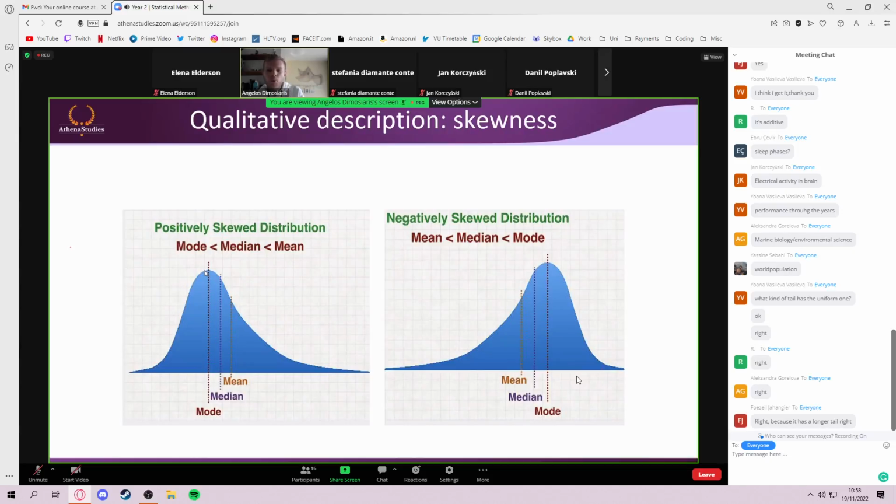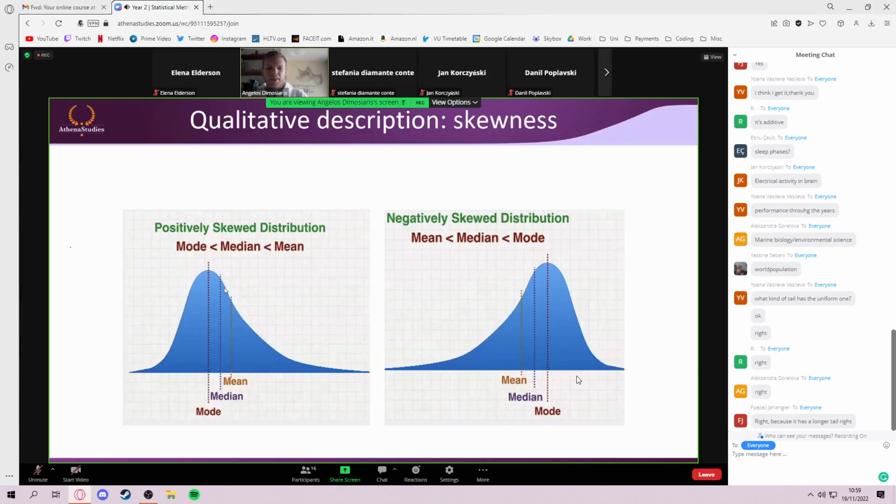Why? Because the mode is the number that appears the most, the most frequent value. So it's always at the highest point of the peak. So this is the mode here, and this is the mode here.